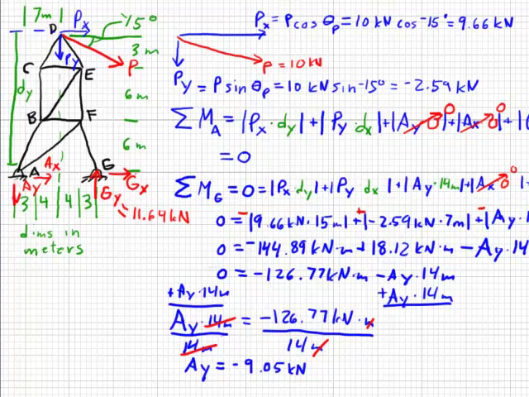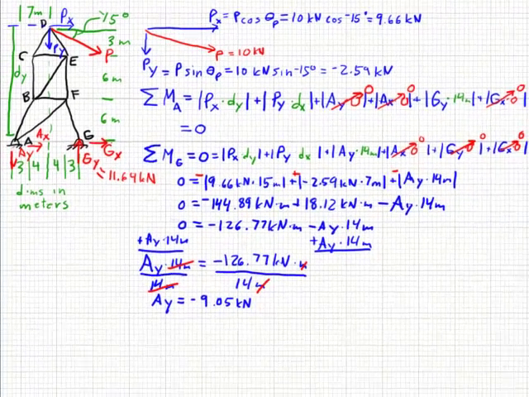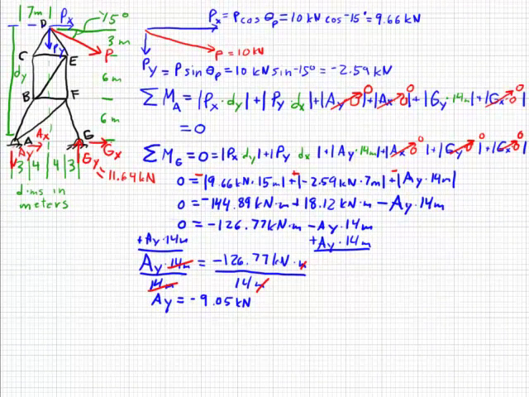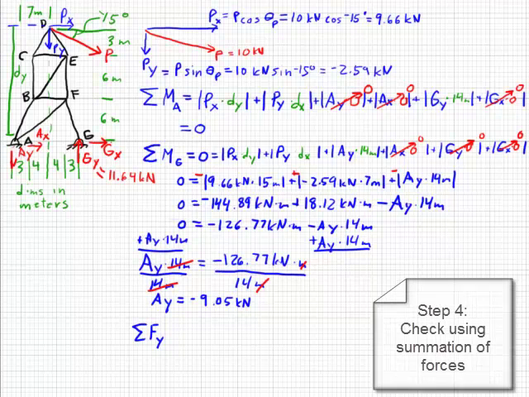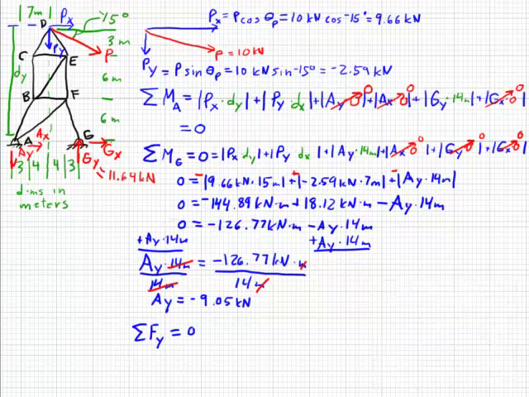So the next thing I need to do is check to make sure that I've done my calculations correctly, and I can use the addition of all the forces in the y direction, which, as required by static equilibrium, must equal 0.